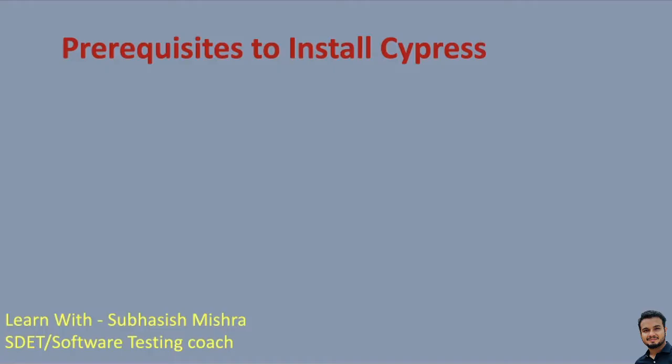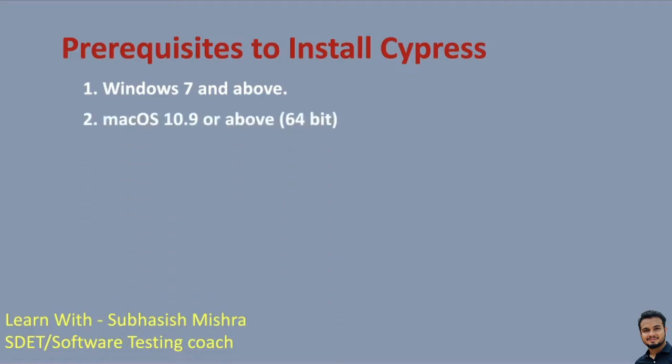First, we will see the prerequisites for installing Cypress. The very first thing is the operating system. If you are using Windows, you should be using Windows 7 or more than that to install Cypress. If you are using Mac OS, it should be 10.9 or above, 64-bit Mac operating system.